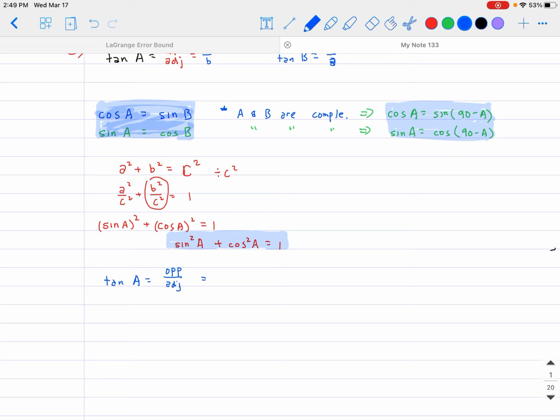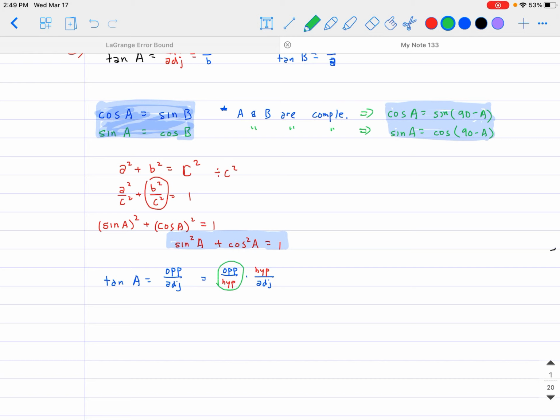Let me take that fraction on the right and split it into two parts. We're going to say opposite divided by hypotenuse, and then adjacent is going to be over here. I'm going to fill in some blanks right here. Let me divide by the hypotenuse and multiply by the hypotenuse, just to balance the equation right here. Well, if I do so, then we have something very unique over here.